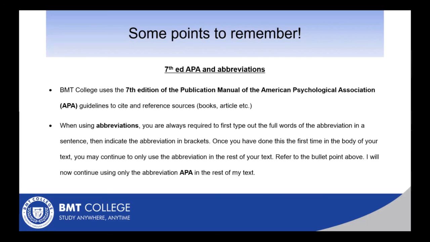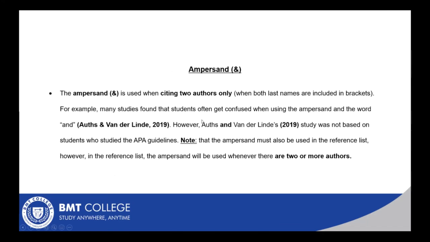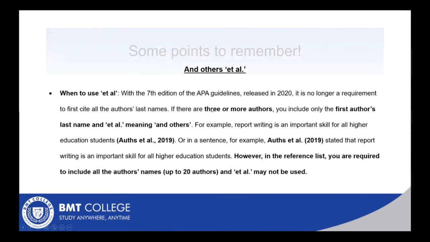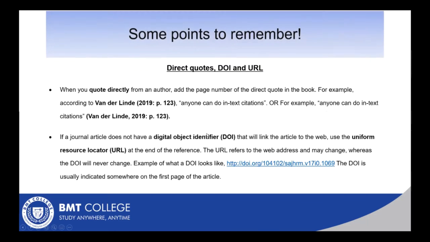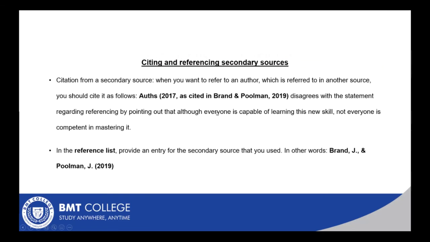So have a look at abbreviations, how you are supposed to use them, also when there's no date or the date is missing, the use of the ampersand, the use of et al., DOIs and URLs, and citing and referencing secondary sources.